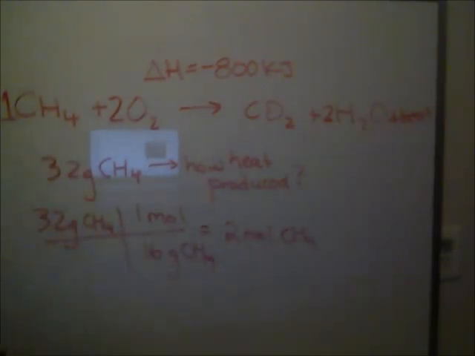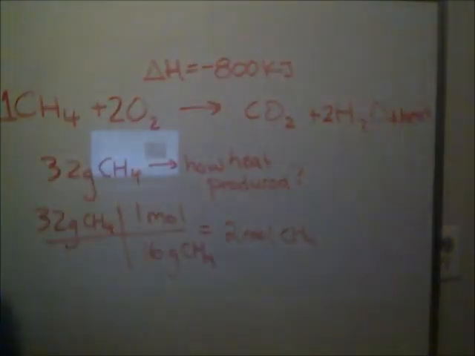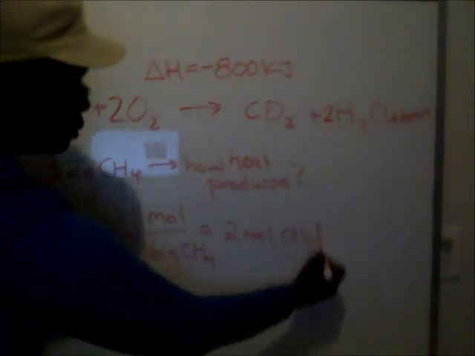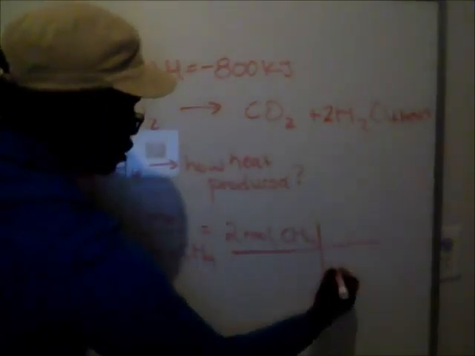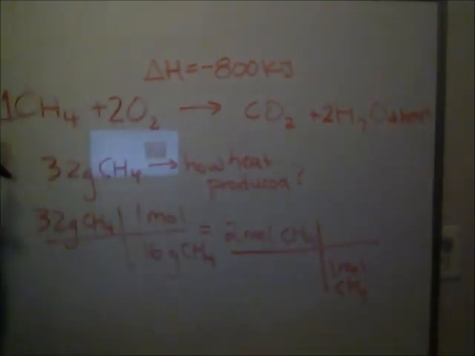We have double what we actually need. So if 1 mole of methane can produce negative 800 kilojoules of energy, 2 moles of methane, we can actually do it like this. So we said 1 mole of methane, and again, we got that 1 from the coefficient in front.